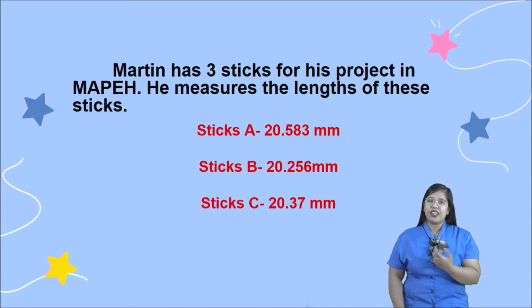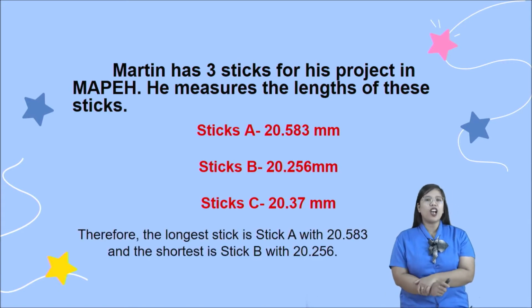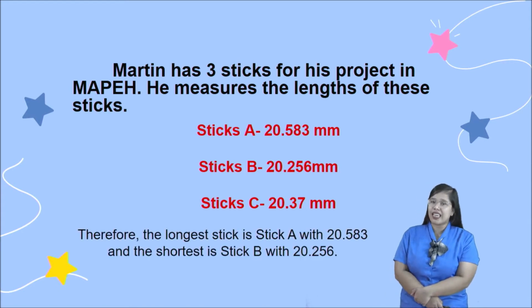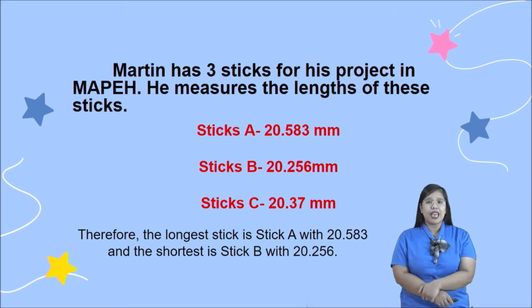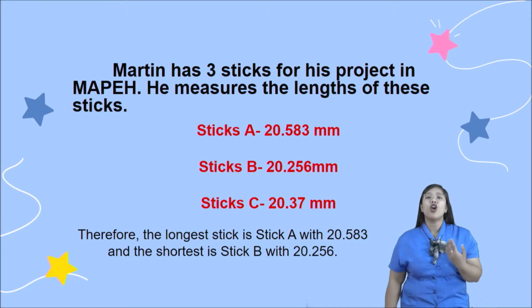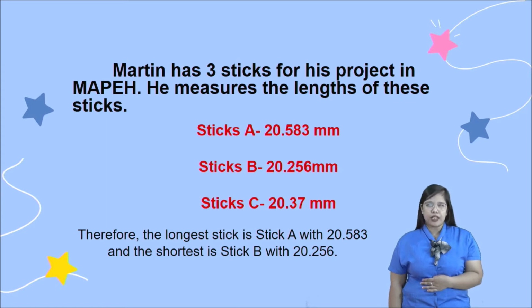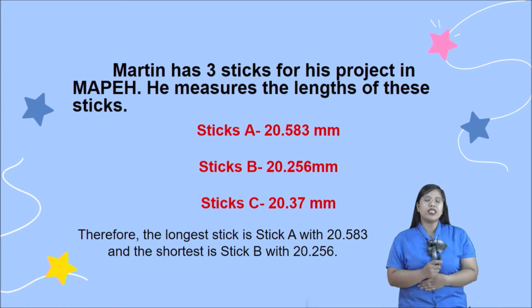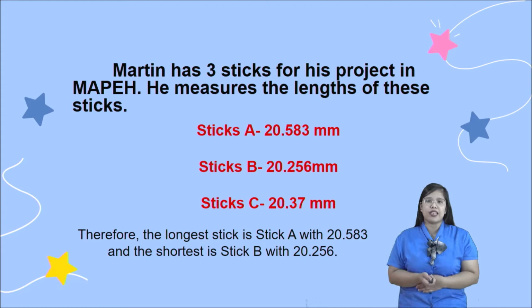Okay, so therefore, the longest stick is stick A because stick A has a measure of 20.583, and the shortest stick is stick B, which is 20.256 millimeters.